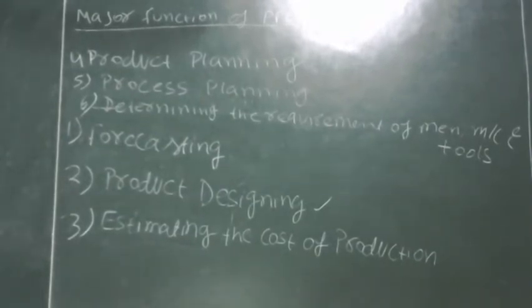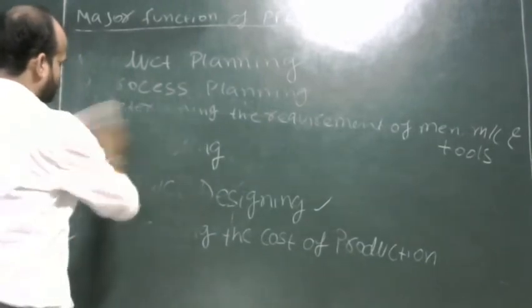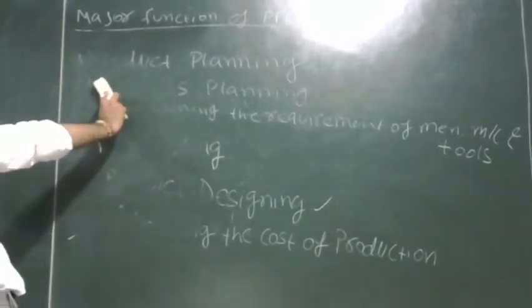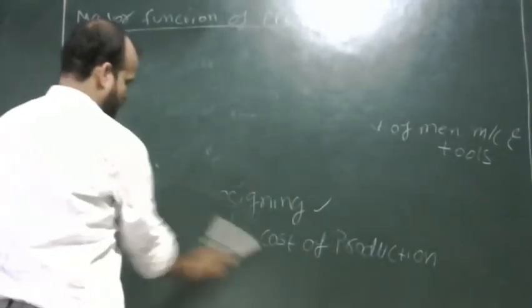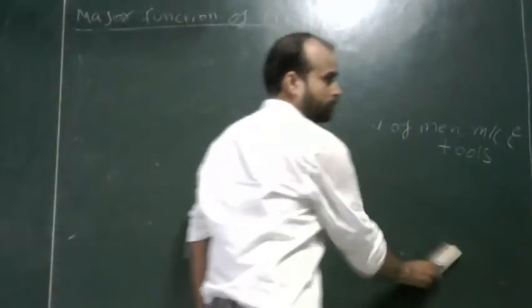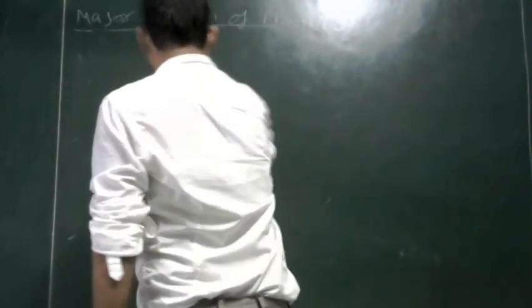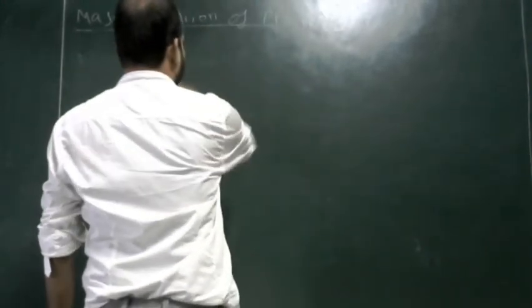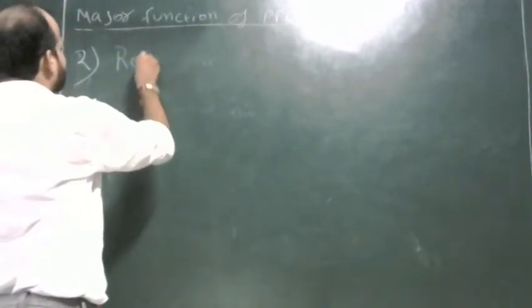Second point is routing. Second point is, after pre-planning, we have seen routing.